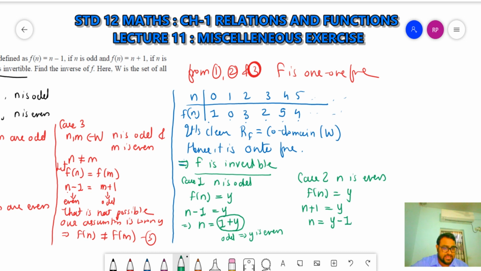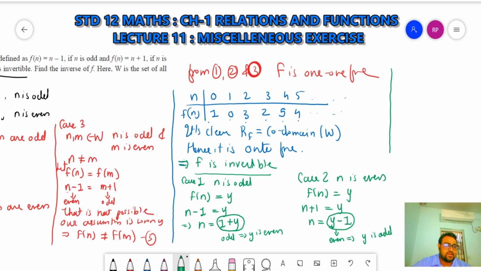Now in this case n is even. That implies y minus 1 is even. And y minus 1 is even means y is odd. So this will be the inverse in the case n is even, or in the case y is odd.